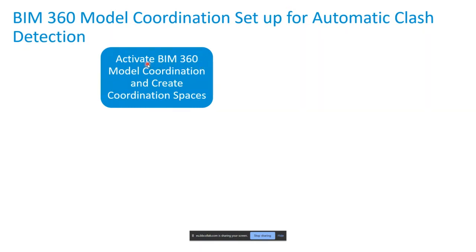Now the key here is automated clashes, which means that all we are doing is uploading the models or hosting the models on BIM 360, and this module, which is model coordination, takes over from there and then shows us the clashes between different discipline models.